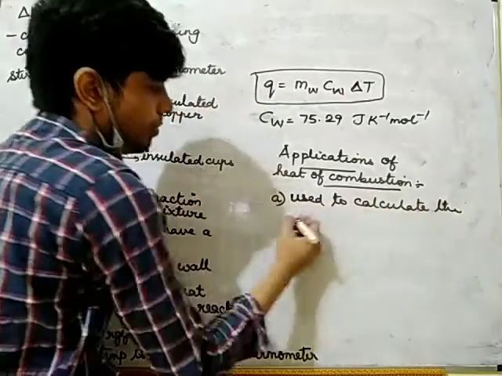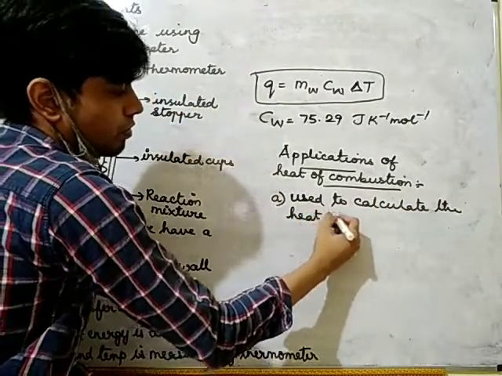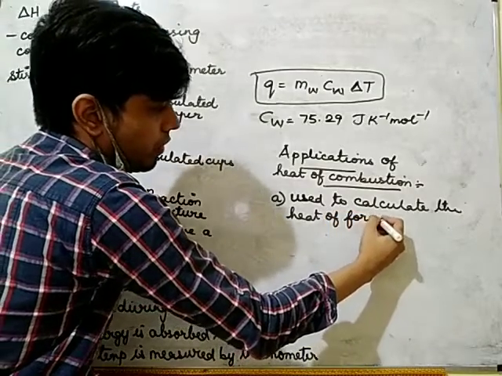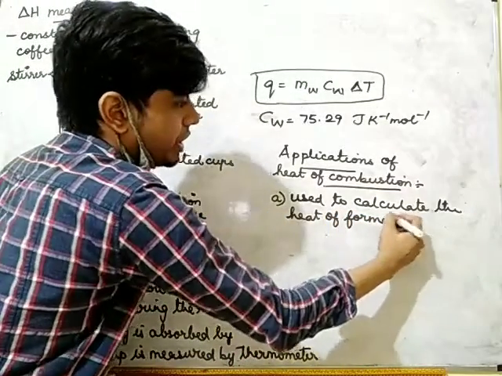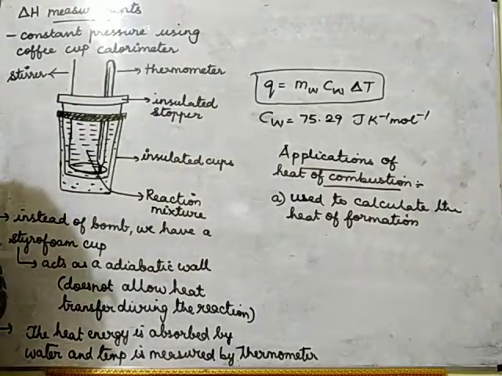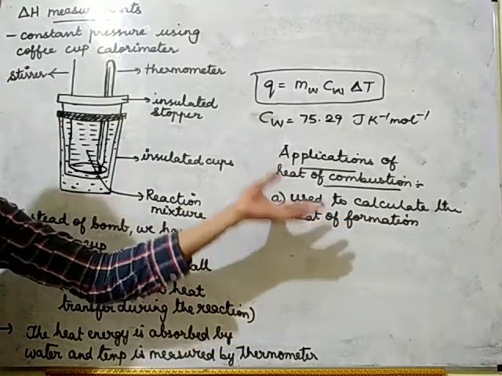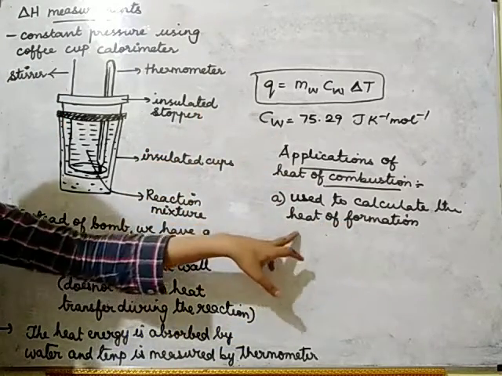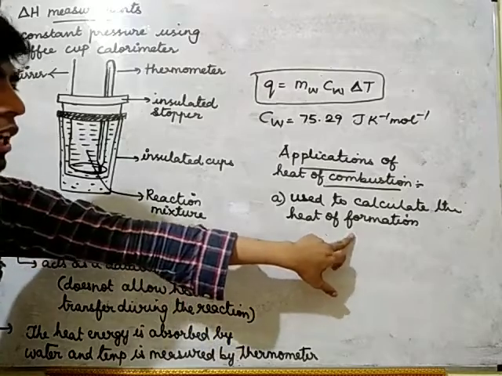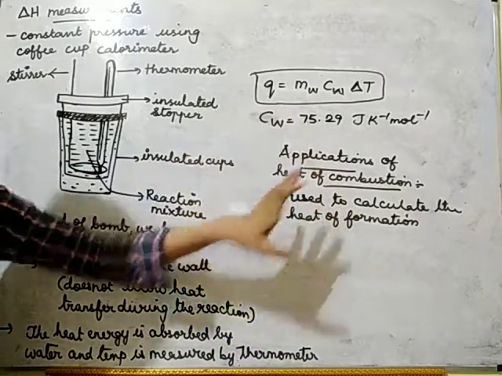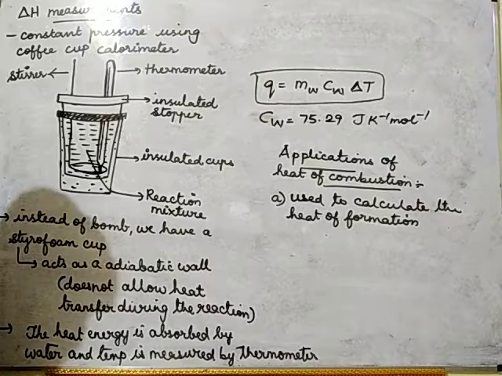Heat of formation means, whenever a new substance is forming, heat energy will be released or absorbed. So to calculate that heat of formation, we can use this formula. That is the meaning.